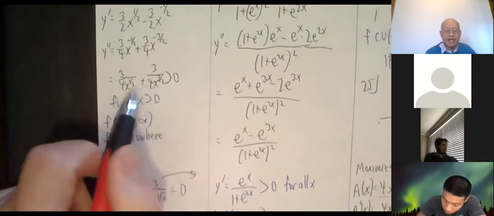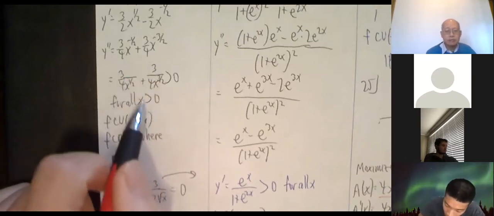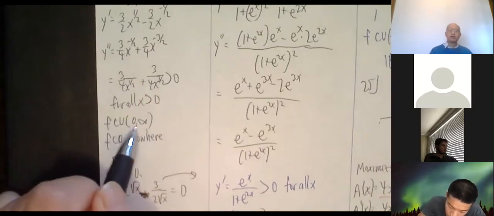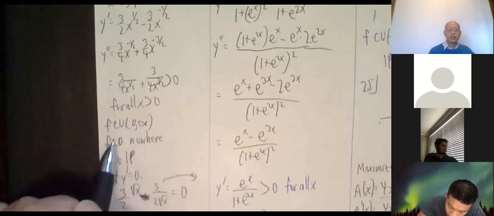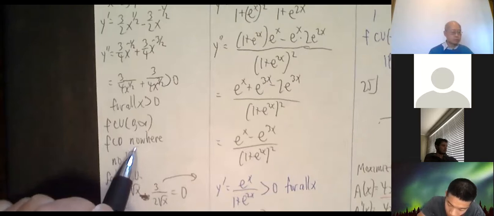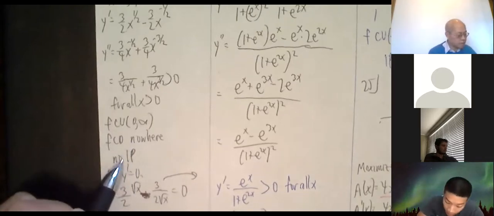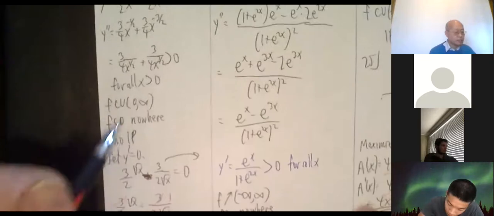If I plug in anything else, this is always positive, right? So the function's concave up from 0 to infinity, for sure. That means it's concave down nowhere, and automatically that means no inflection points. So that makes the graph pretty easy, which I'll get to later.